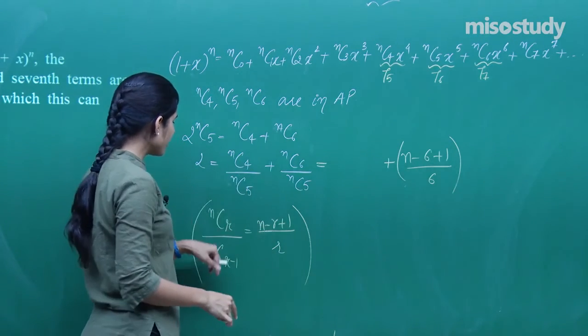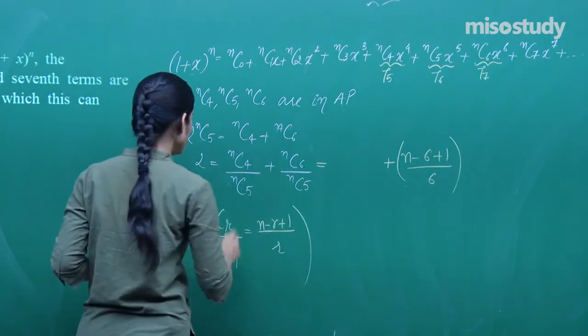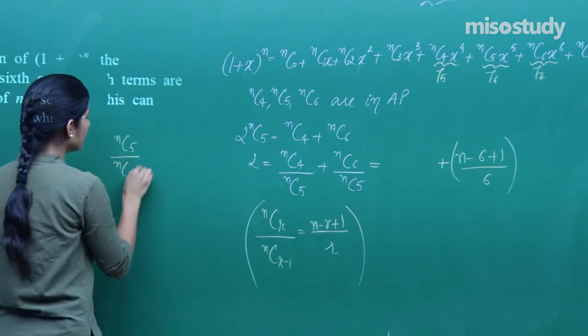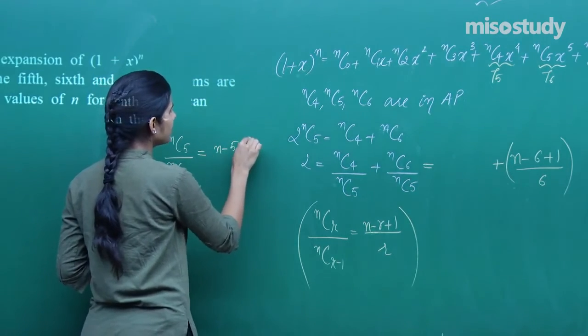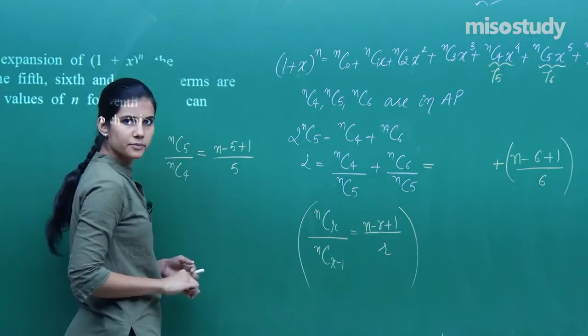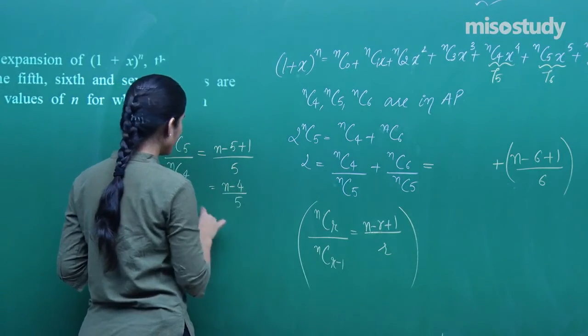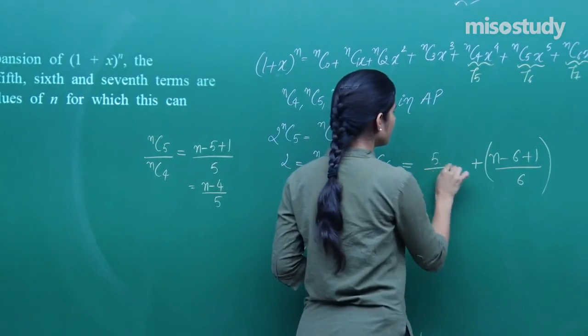This is not in the form of nCr upon nCr minus 1. In fact, this is the opposite of it. This is the reciprocal of it. So if I talk about nC5 upon nC4, now it is nCr upon nCr minus 1. It is (n minus r plus 1) upon r, which is (n minus 4) upon 5. So its reciprocal will be 5 upon n minus 4.